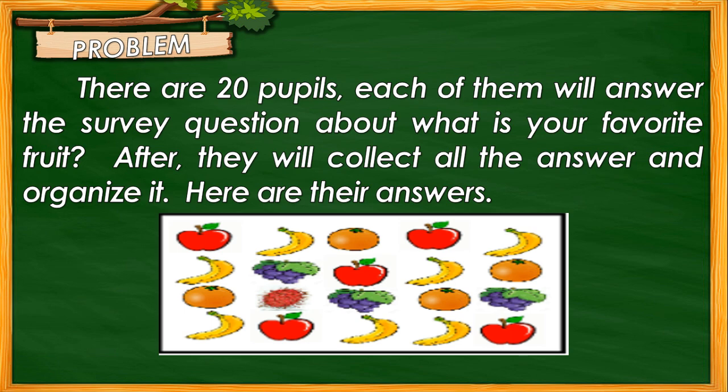After they collect all the answers and organize them, here are their answers. This would be banana, apple, orange, grapes, rambutan. So that would be their answers.